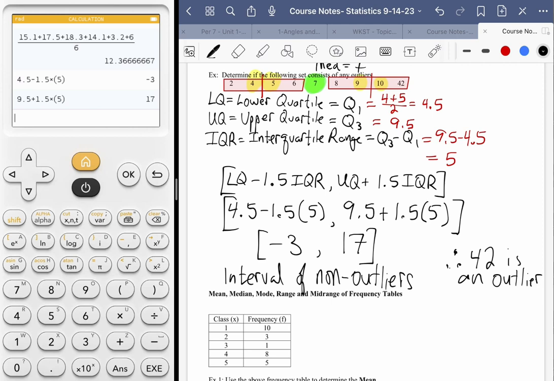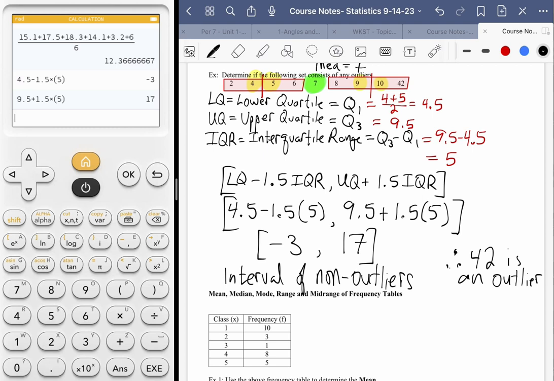Randomly selected students at an elementary school. Mathematically it says 42 is an outlier. But I don't know about that 2 now, because in my interval, mathematically it says the 2 is fine, but I don't think I've ever seen a 2-year-old as a student in an elementary class. Now, I suppose it's possible, especially if you involve a leap year kind of deal, but that 2 is now drawing attention to itself.